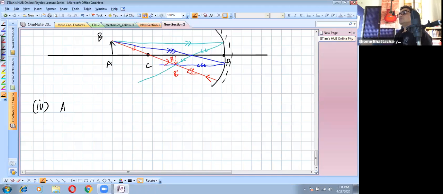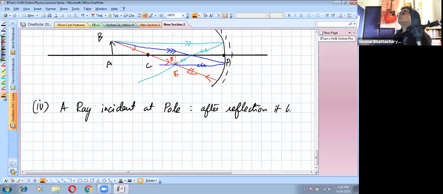Okay, so a ray incident at the pole, how that behaves. So after reflection, it has a symmetrical deviation. In other words, I'm just restating the law of reflection.